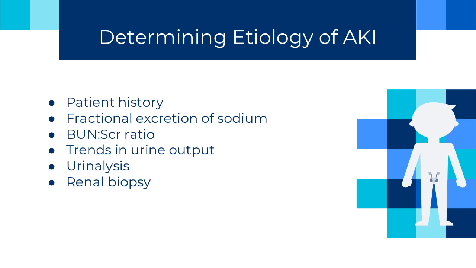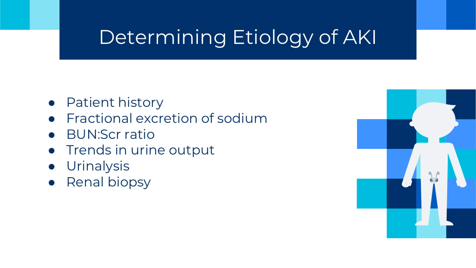Both the BUN and serum creatinine are freely filtered at the glomerulus, but urea reabsorption occurs with the reabsorption of water. Creatinine has a negligible reabsorption. So what we see with pre-renal AKI, generally that ratio is 20 to 1 or above. With intrinsic AKI and post-renal AKI, that ratio is less than 20 to 1.